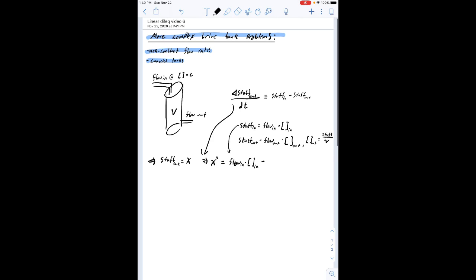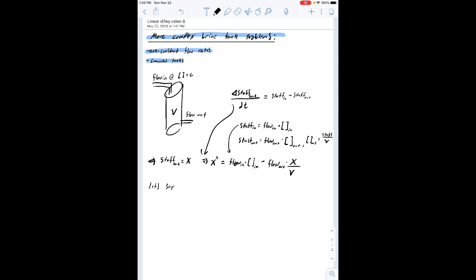So that's going to be minus flow out times concentration out, which I'll sub in right away, which is equal to x, because our stuff in our tank, divided by the volume of our tank. Cool.